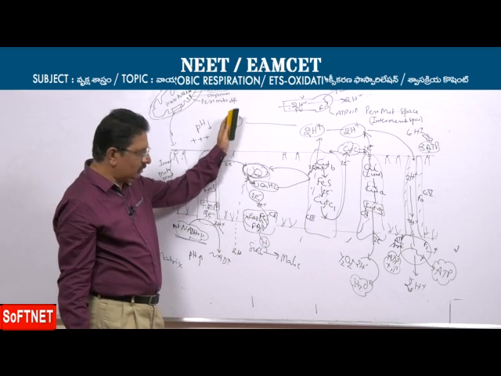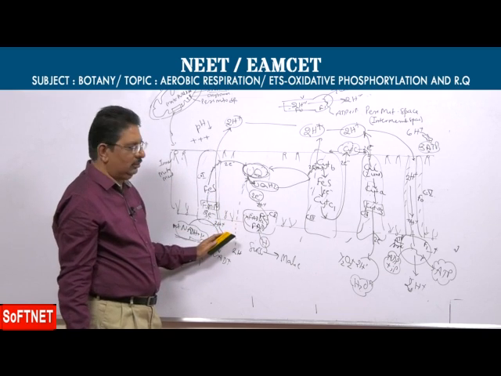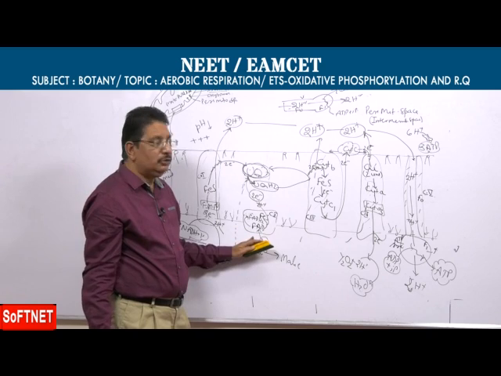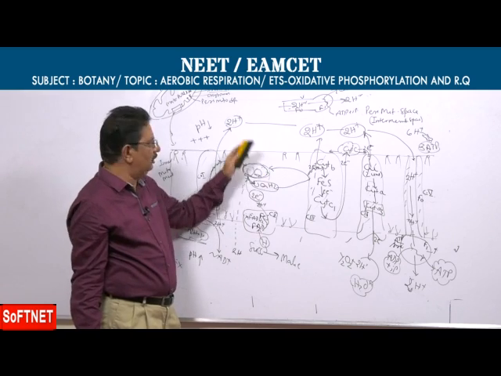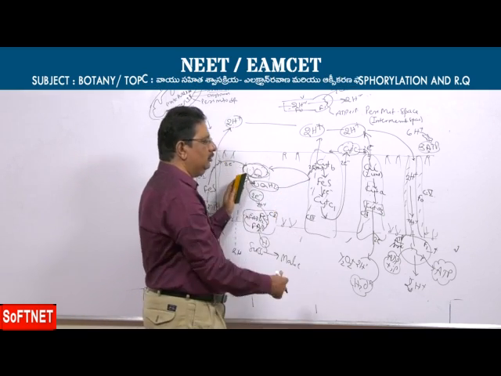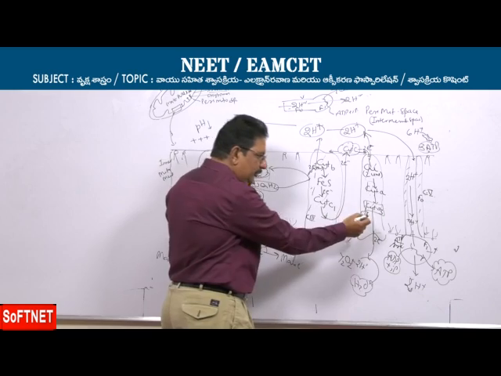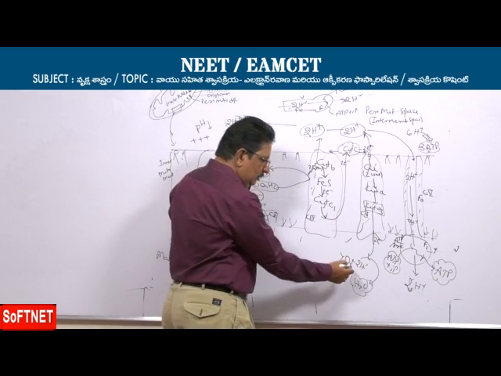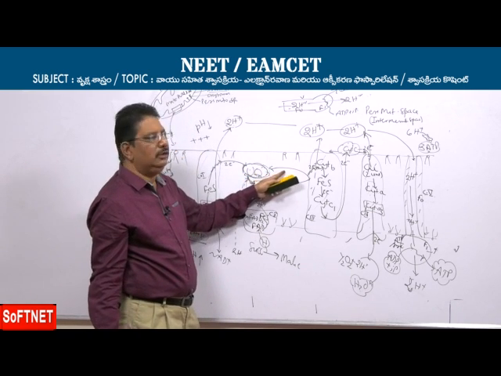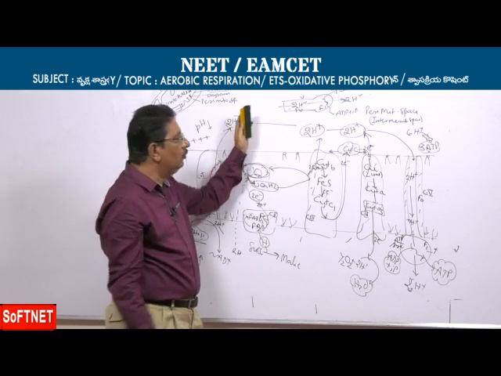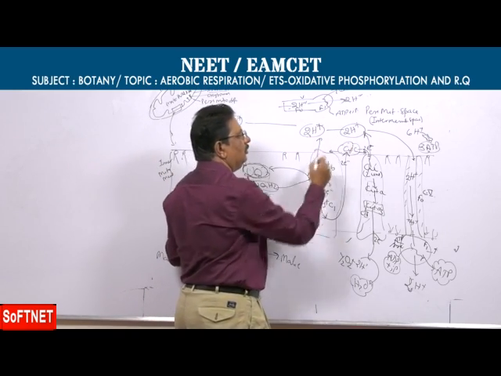So, without participation of complex 1, complex 2 transfers electrons of succinic acid straight away to ubiquinone. So, bypassing complex 1, the FADH2 is oxidized by donating the electrons to ubiquinone, from there to complex 3, from there to complex 4, finally to oxygen. So, if this is the line, you will see only 4 protons are accumulated.